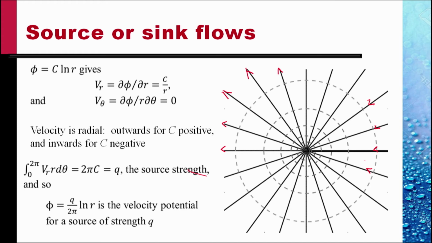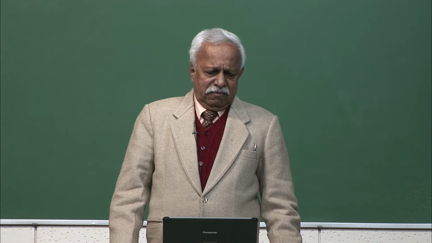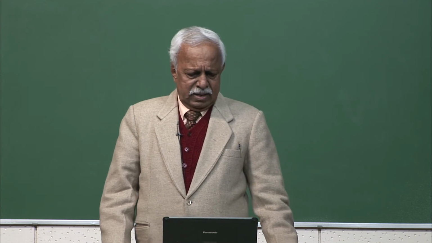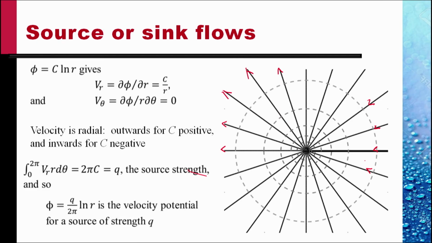We can treat this total volume flowing out as the source strength Q, such that c becomes Q divided by 2 pi, and the velocity potential phi can be given as Q divided by 2 pi ln r, as the velocity potential for a source of strength Q per unit depth for two-dimensional flows.